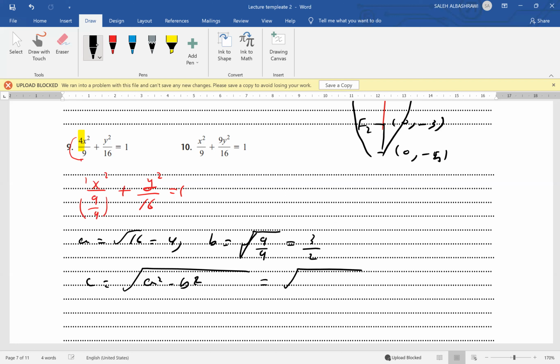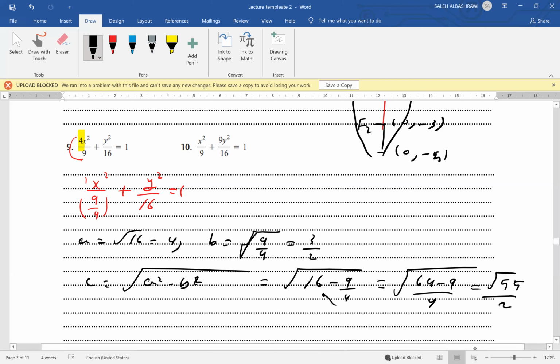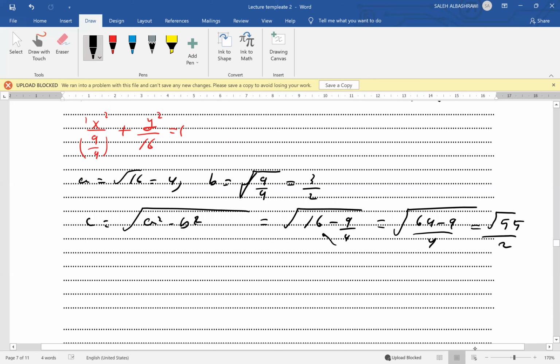That will be the square root of 16 minus 9 over 4, which is the square root of 64 minus 9 over 4, that will give me the square root of 55 divided by 2. Now I have A, B, and C.